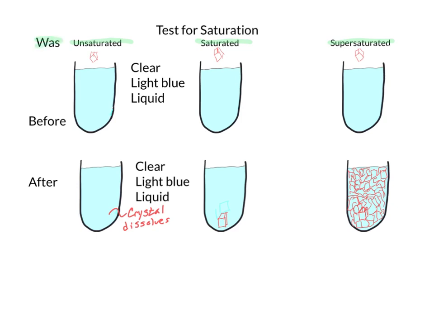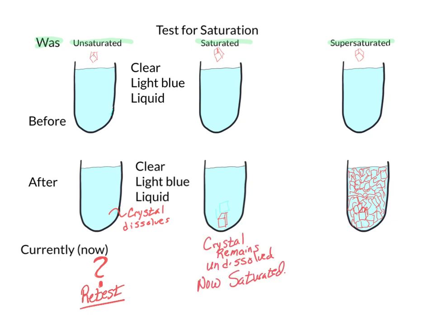Now we want to know what it is currently. For the unsaturated solution, there's no way to tell what it is now. We would need to retest until it behaved like a saturated solution. And the sign for saturated solution is that there will be a crystal left in the container. We can see that in the saturated solution, the crystal remains undissolved. This is now a saturated solution with one crystal still in it.